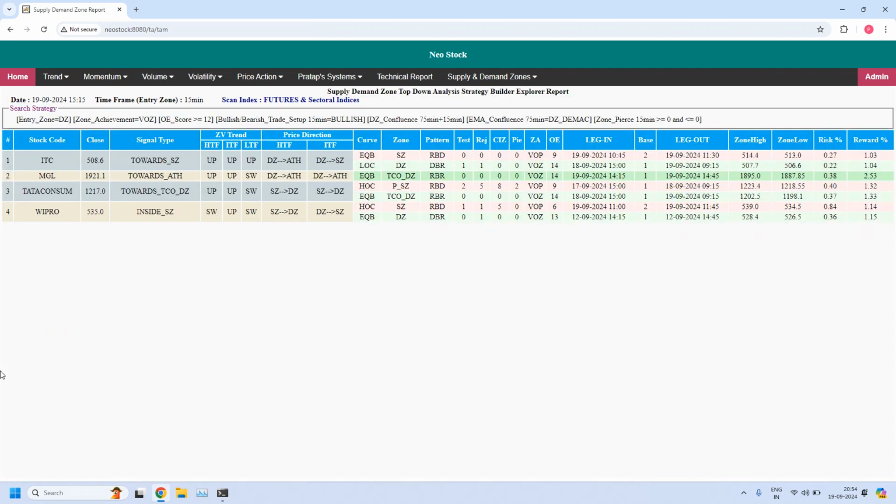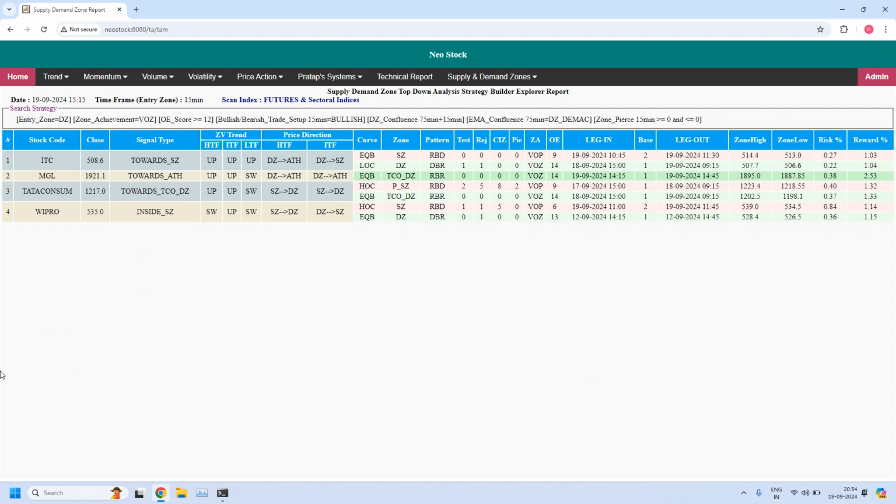So 4 stocks are filtered, and these 4 stocks are supporting bullish trade setup for daily income trade, and also the entry zone 15 minute zone is part of the 75 minute zone, and the 75 minute zones are having daily EMA confluence, the demand zones.